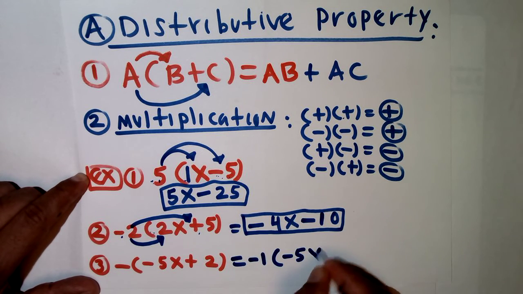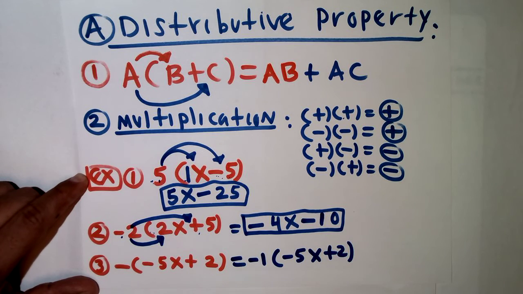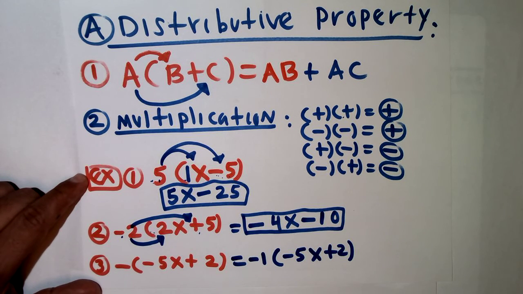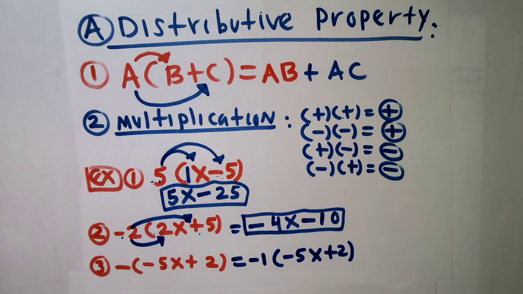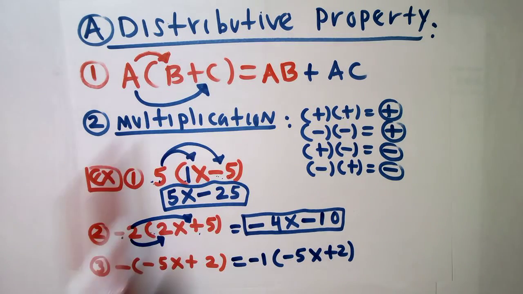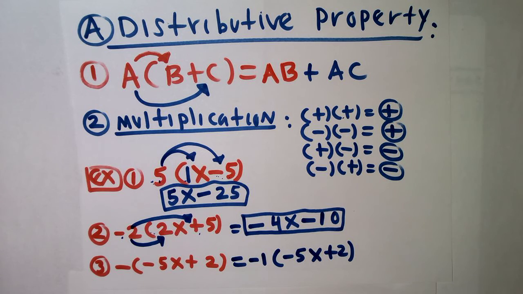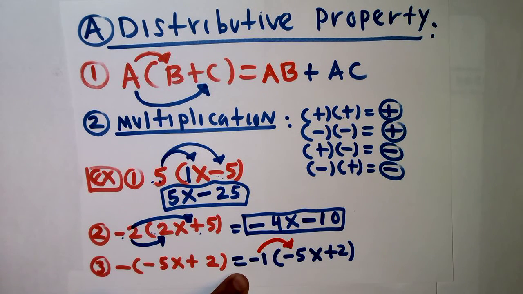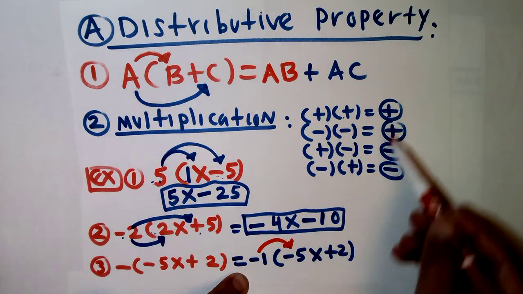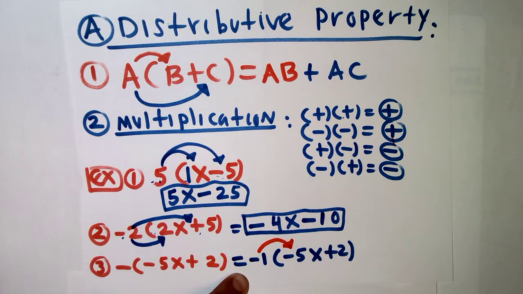I'm just rewriting this so that you don't get confused. And once again, we just follow the distributive property. Let's start with these two, and just like before, don't forget the rules of the signs.